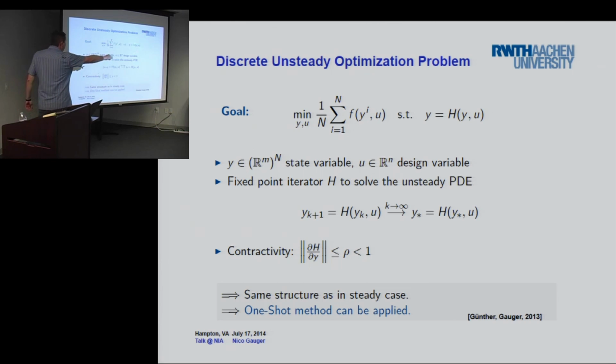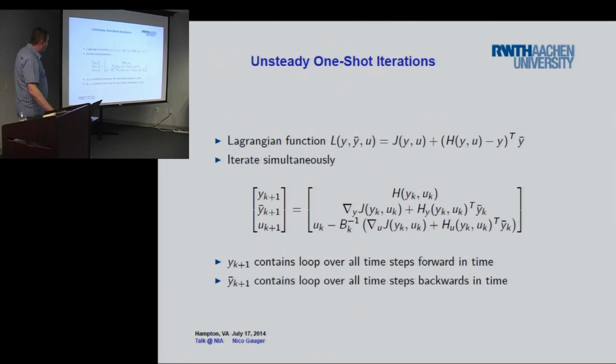So now capital H replaces G. We have the same assumption of contractivity that has been proven before, so we can just apply it. The Lagrangian looks as before. Now we just have an H here, and an update K, an iterate in K, means always evaluations alongside a full time sweep forward and reverse for the y bar.